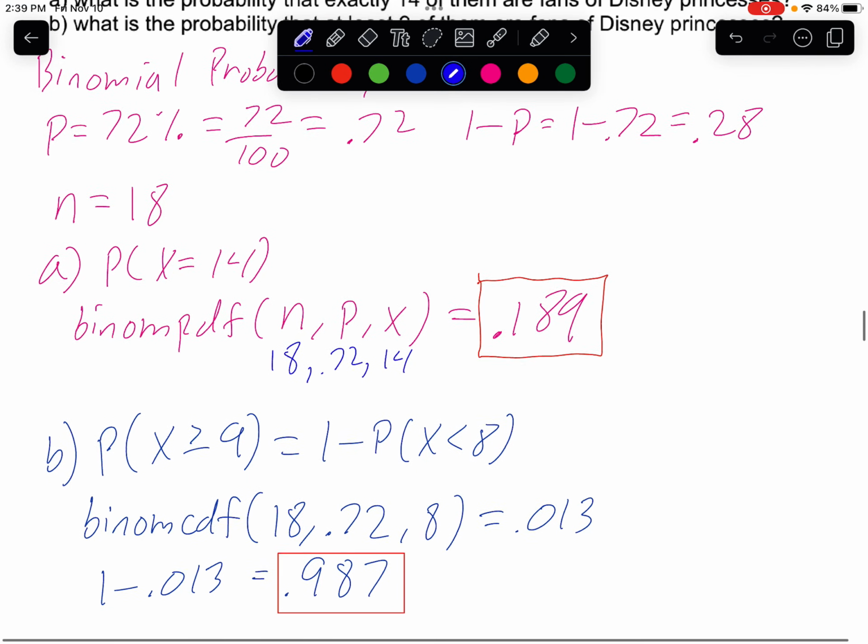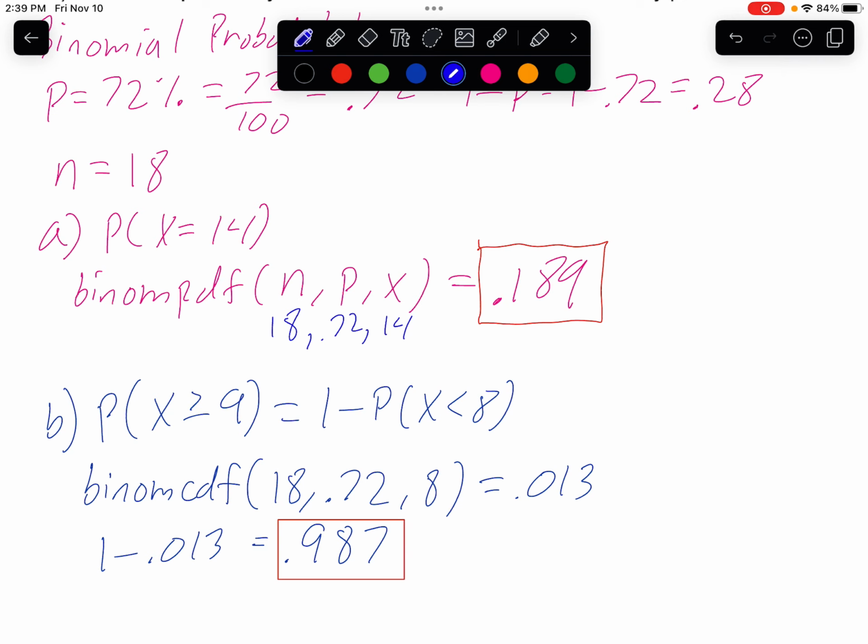When we calculate, X can be 0, 1, 2, 3, 4, all the way up to 8, 9, 10, all the way up to 18, right?